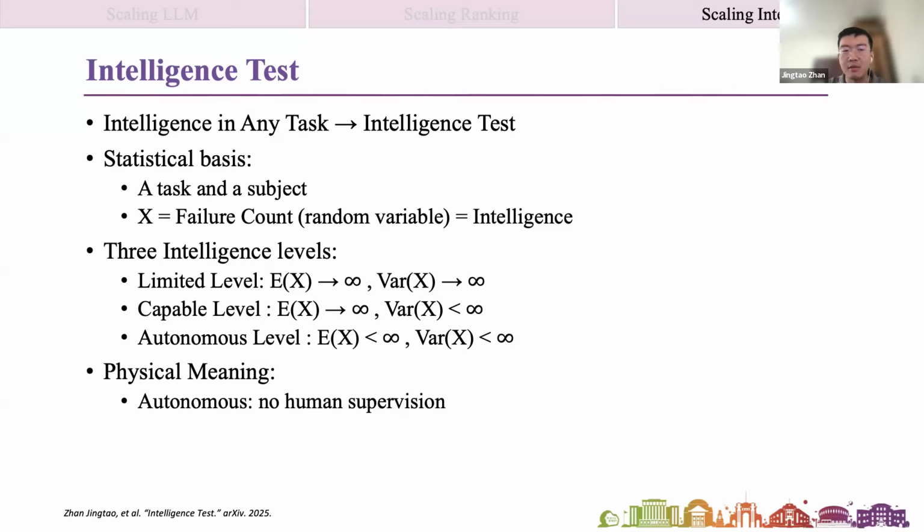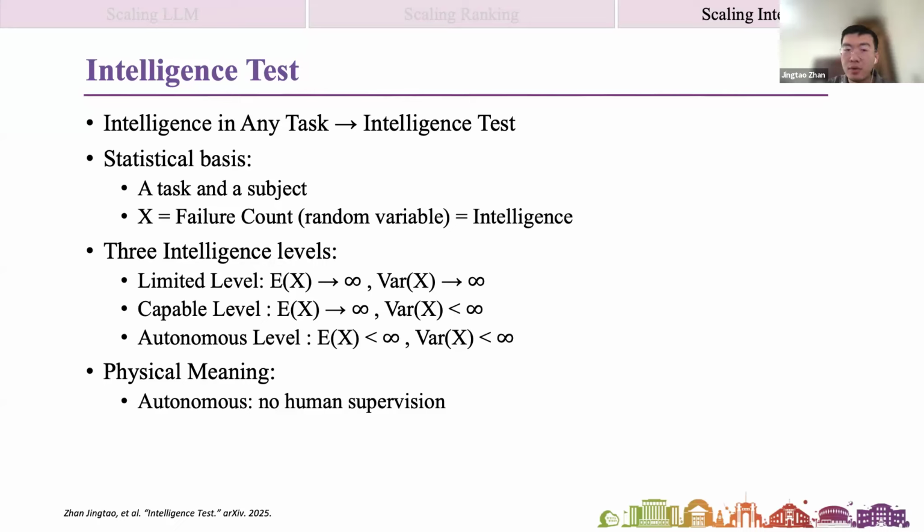This failure count is a discrete random variable. The smaller the failure count, the more intelligent the subject is considered to be. We can define intelligence in this way, so that this discrete random variable shows the subject's intelligence.